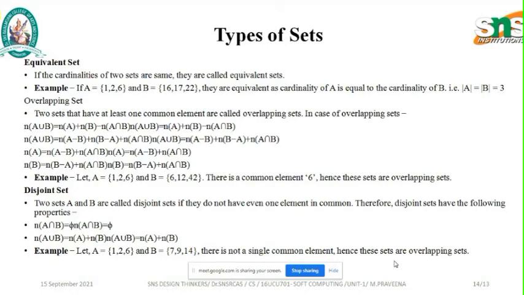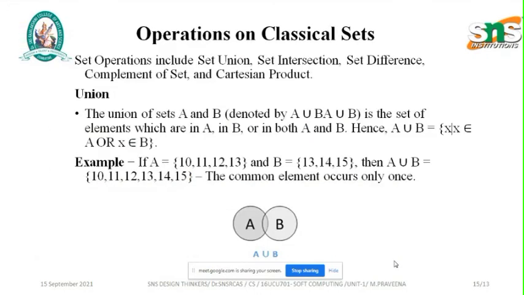There is not even a single common element between set A and B, so it is called a disjoint set. These sets are not overlapping sets.